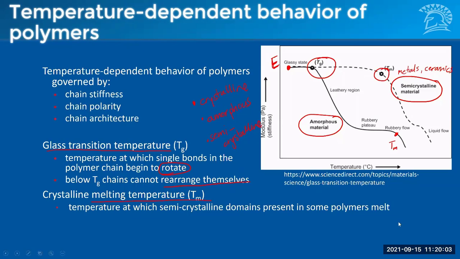And it rapidly loses stiffness as well. You can talk about melting temperature for an amorphous polymer as well, but you generally don't talk about a glass transition temperature for crystalline materials. For crystalline materials, we only talk about the melting temperature.